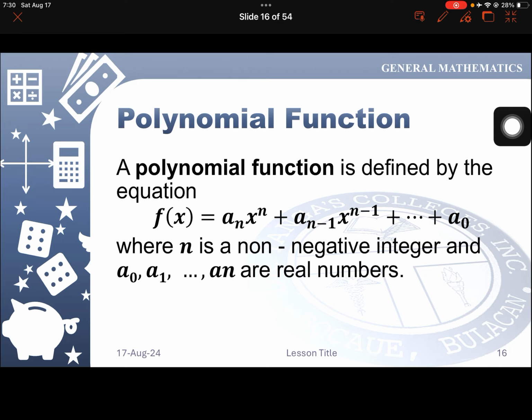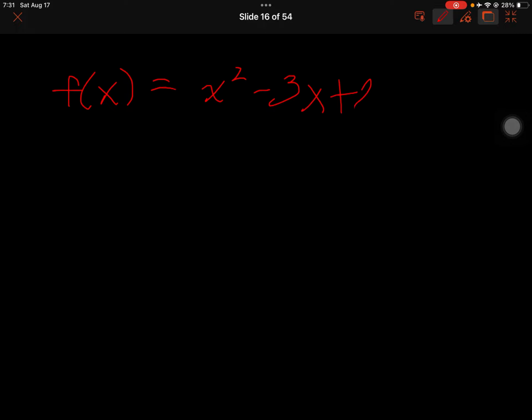So let me give you an example for polynomial function. For example, f of x is equal to x squared minus 3x plus 2. Okay? So it has elements x squared, x, which are variables, and 1, -3, and 2, which are the a sub n's. Okay?